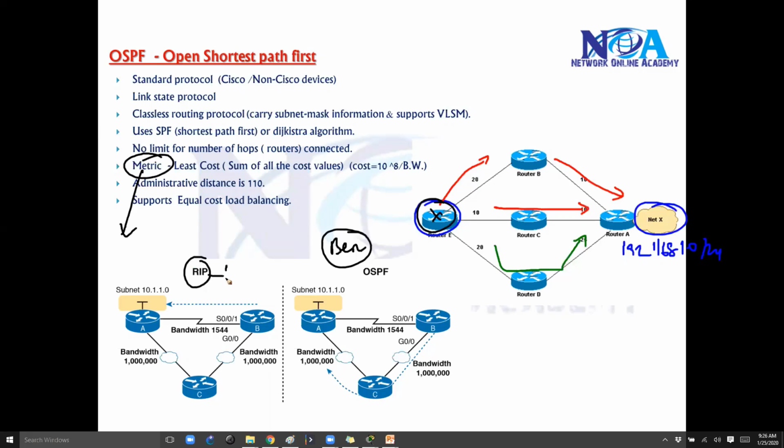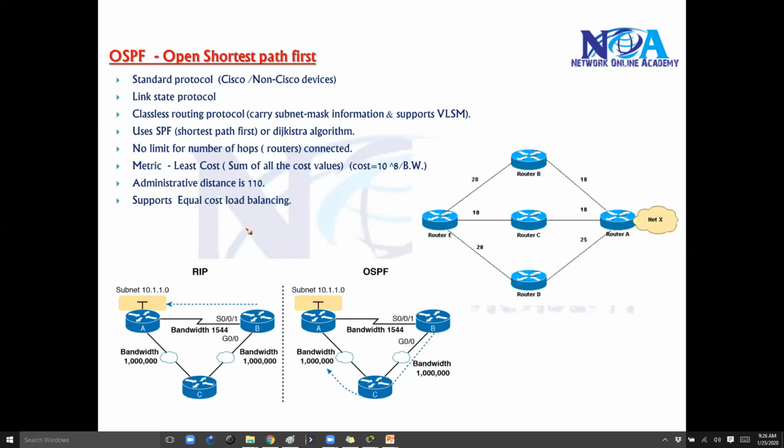RIP will look at the number of hop counts, meaning how many hops it takes to reach that particular router. Like from B to A, this is 1 hop, and if you go from here, this is 2 hops, meaning 2 routers. So RIP looks at the hop count, whereas OSPF looks at bandwidth. It will use the route with better bandwidth, and there is a calculation for that.